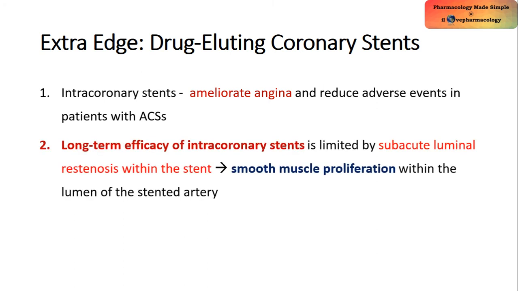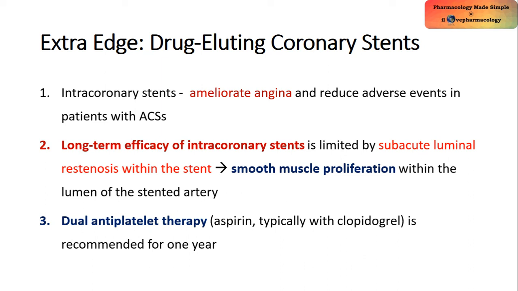When you see the long term efficacy of the intracoronary stents, they have limited benefits. The long term efficacy of intracoronary stents is limited because of the subacute luminal restenosis which can occur within the stents. The basic pathology which lies behind the restenosis is smooth muscle proliferation within the lumen of stented arteries.